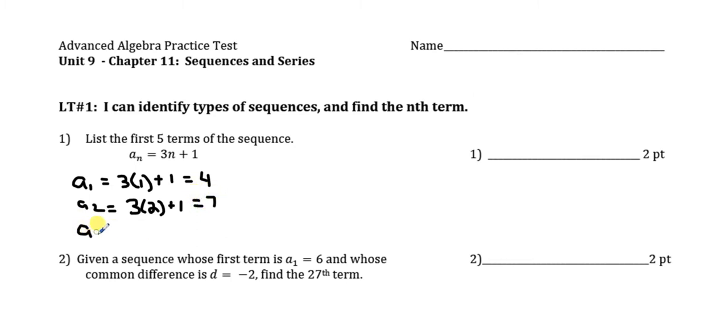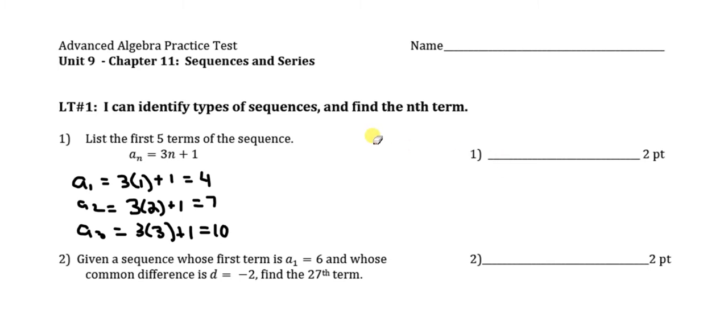A3 is 3 times 3 plus 1, which is 9 plus 1, which equals 10. As you can see as we go along, I'm just adding 3 every single time. I could keep plugging in for term number 4 and term number 5, but I can see the pattern now.